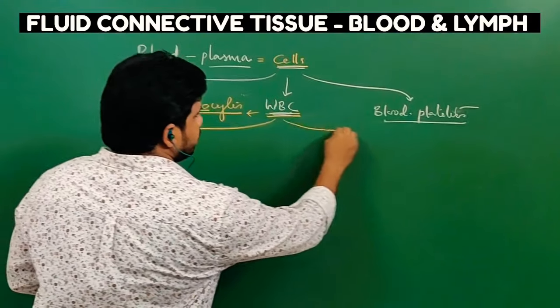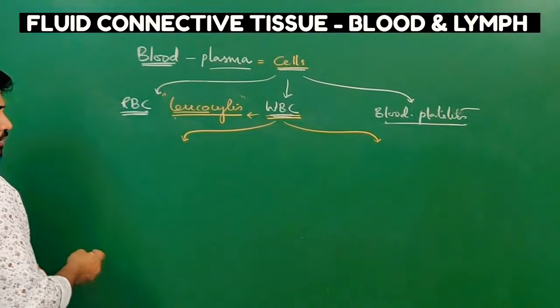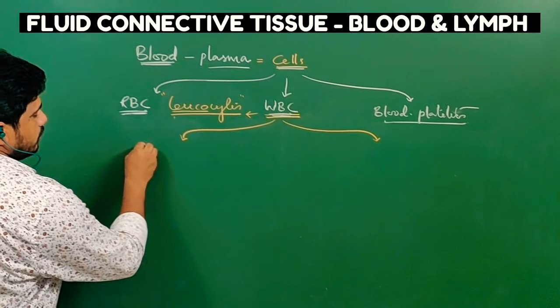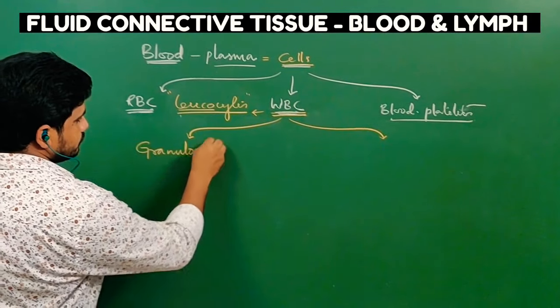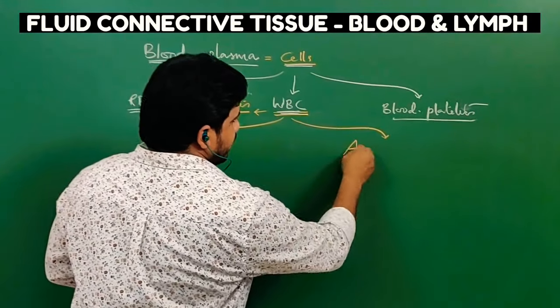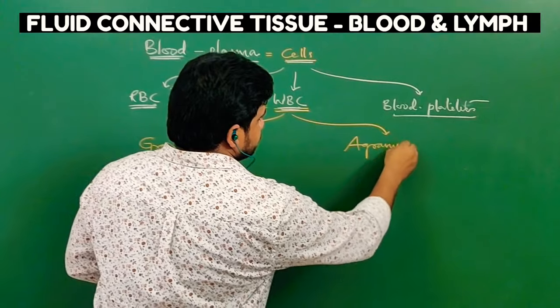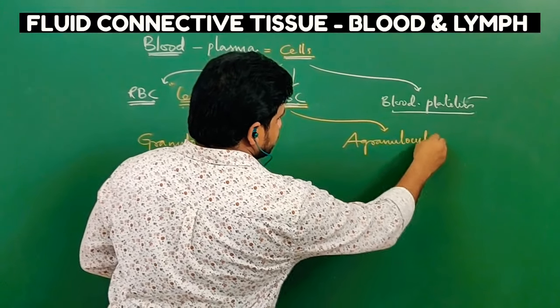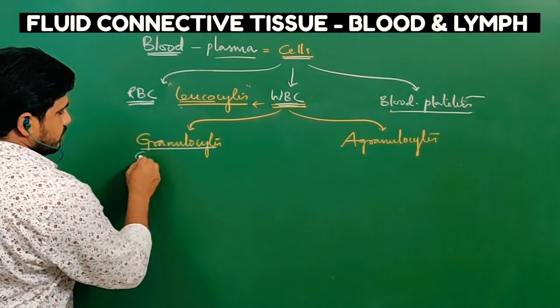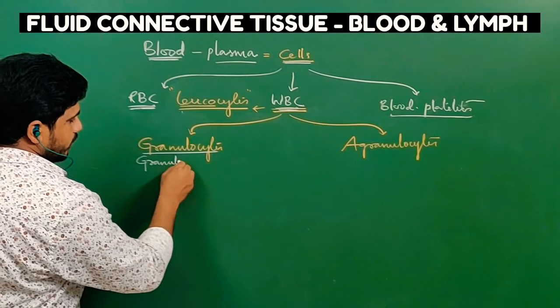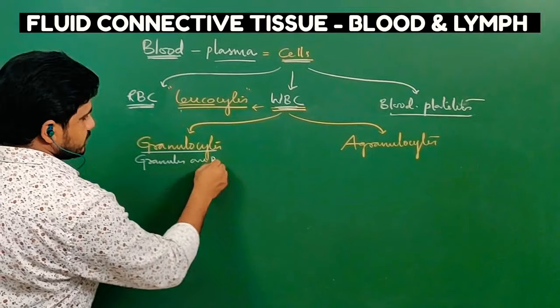WBC are of 2 types. White blood cells are 2 types: granulocytes and agranulocytes. Granulocytes means in those cells, granules, which are nothing but proteins, are present.